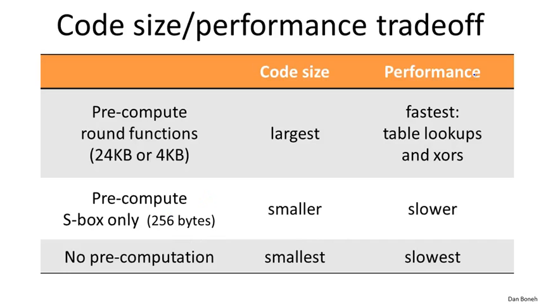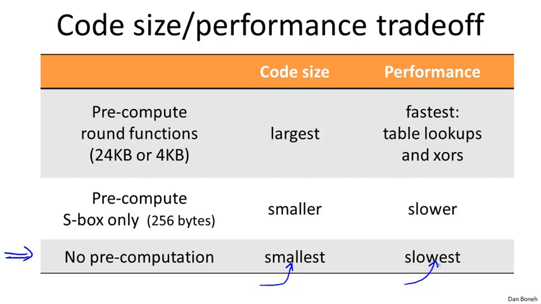In fact, this is a generic fact about AES: if you allow no pre-computation at all, including computing the S box on the fly, then you get a fairly small implementation of AES, which could fit in very constrained environments where there isn't enough room to hold complicated code. But of course this would be the slowest implementation because everything is computed on the fly, so it is going to be slower than if things were pre-computed.